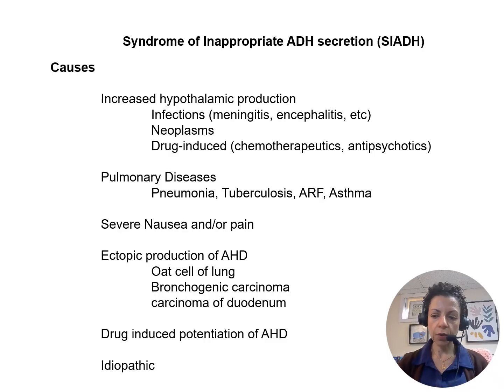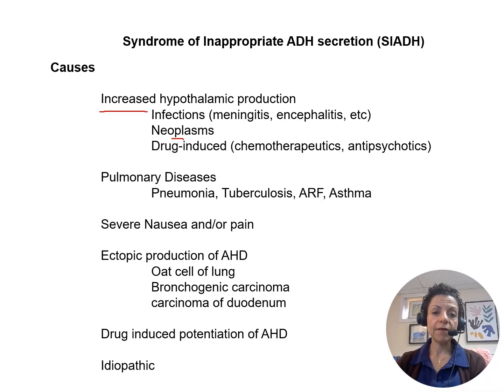So different categories include, number one, problems that are related to increased hypothalamic production of ADH. So that includes things like infections of the central nervous system. That can be meningitis or encephalitis, and it can lead the hypothalamus to simply produce more ADH.